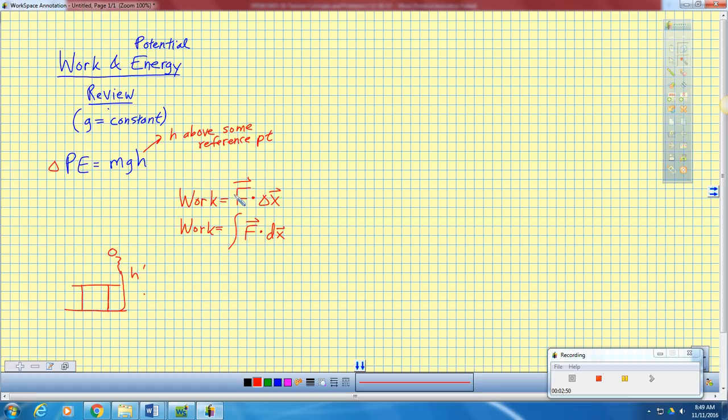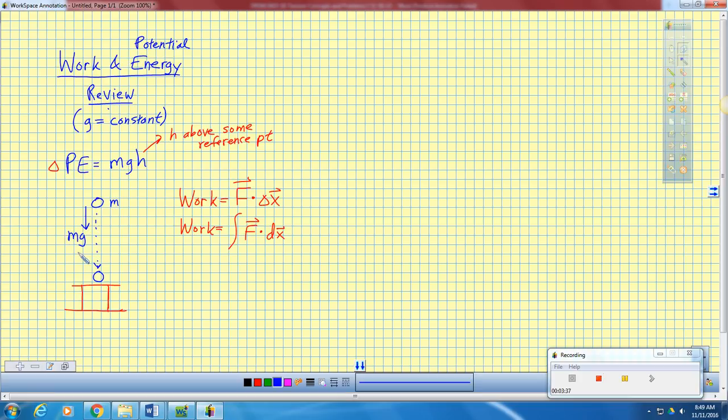What we also talked about were conservative versus non-conservative forces, and gravity was our big example of a conservative force. So we looked at the idea that when I hold the ball up here in the air, it's got some mass m, and I let it go so that it falls down towards a table or the Earth's surface or something, that gravity is the only force doing work on this object.